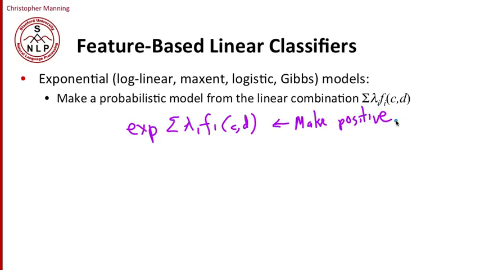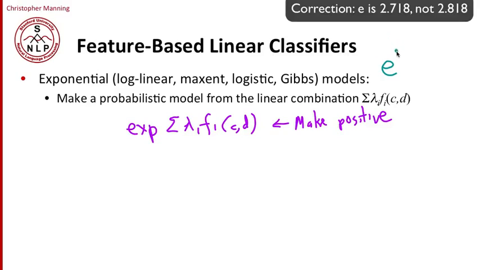And this form I'm showing here, it's e, that's, you know, 2.718, etc., and then you're raising it to the feature dot product. So you can also see it just written as e to the lambda dot f, where these are our vectors of features.